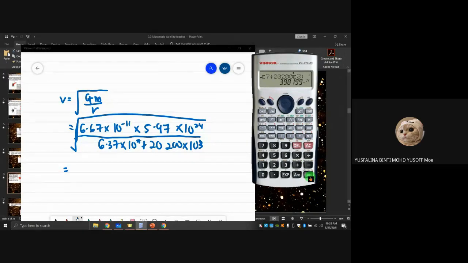Okay, I got this one, and then I square root the answer. I got 2178. Anyone got the same as mine? 2178.6. Same. Eugene, Lashmi, you have the same answer as me, right?